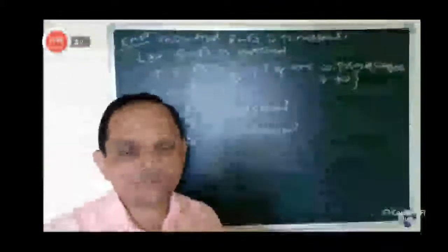When p by q is rational, 5 minus p by q is rational. According to the laws of rational numbers, we know that the sum, multiplication, subtraction and division of two rational numbers are rational numbers.